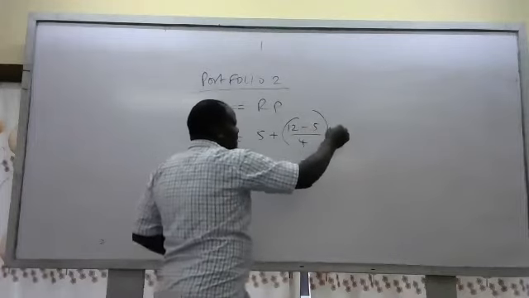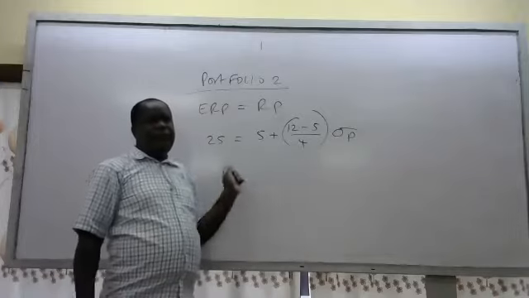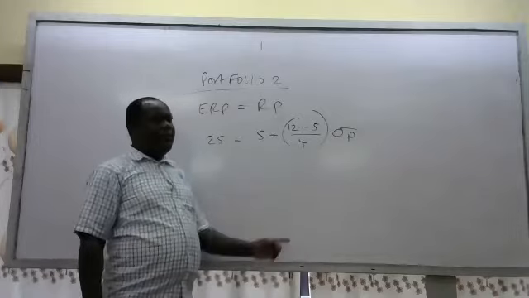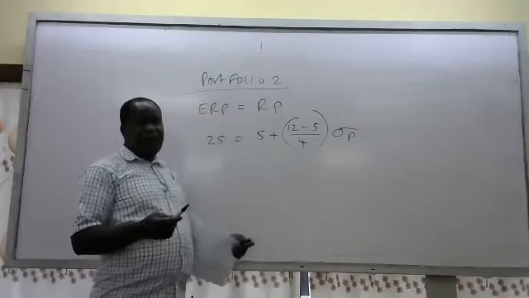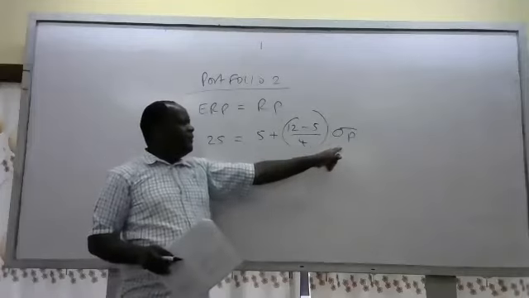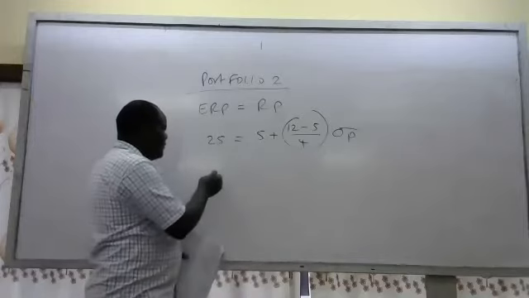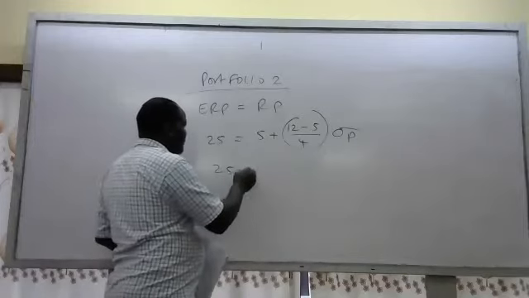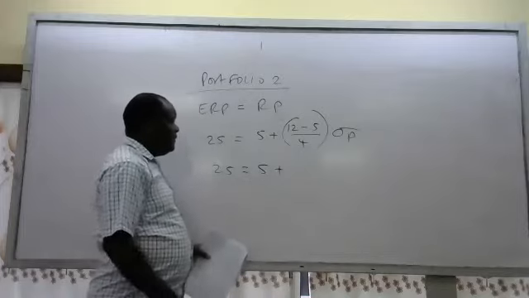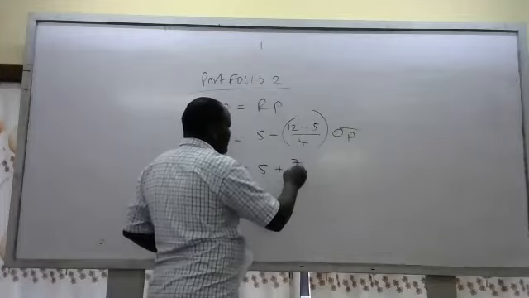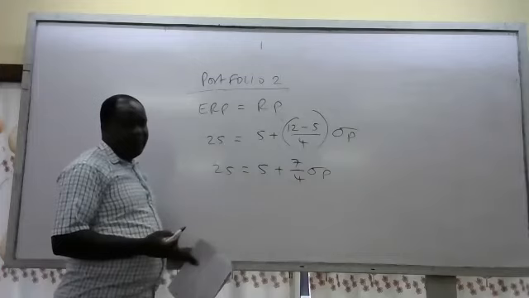So the question is asking us, what is the standard deviation of the portfolio for the two to be the same? So when the two are the same, that's when the portfolio will be what? Efficient. So you want to make the standard deviation for the portfolio the subject. So what we do: 25 will be equal to 5 plus 12 minus 5, that is 7, so 7 over 4, then the standard deviation of the portfolio.